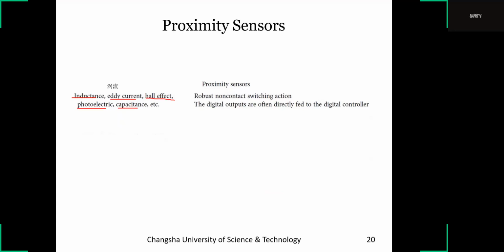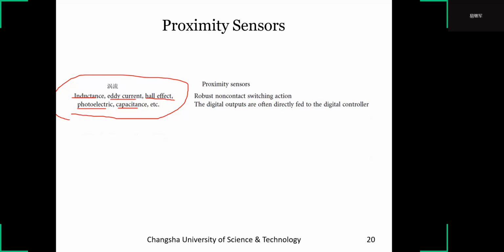These sensors are robust, with non-contact switch action; the digital output is often directly fed to the digital controller.